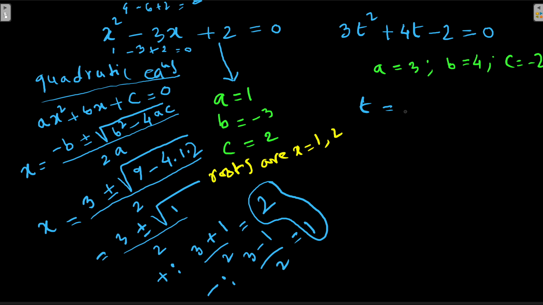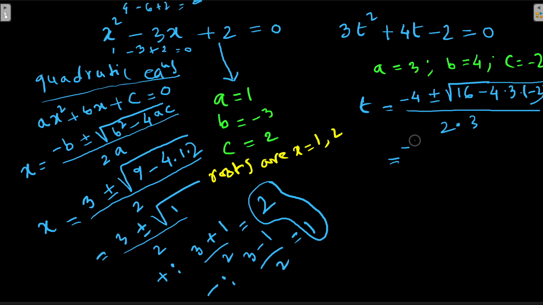t equal to again minus b, which gives you minus 4, plus minus root over b square, which is 16, minus 4 into 3, which is a, into c, which is minus 2 now, by twice a, that means 2 into 3, which will be 6, no problem.